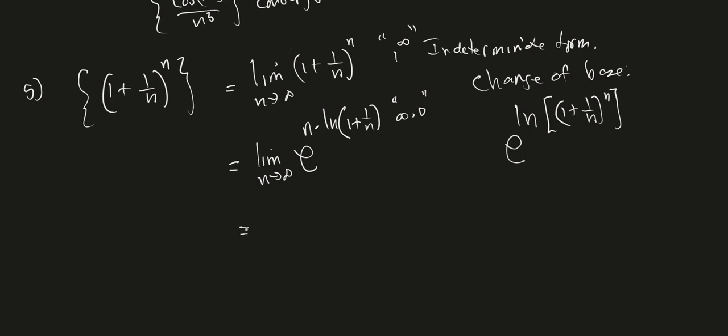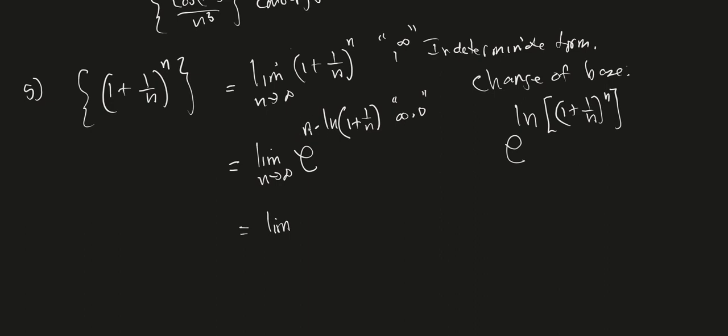Well, we would like to convert this to 0 over 0. That would be the ideal thing that we could do. And in order to convert it to 0, instead of multiplying by n, I am going to divide by 1 over n. So I'm going to divide by the reciprocal of this. And algebraically, that's the same as multiplying by n.